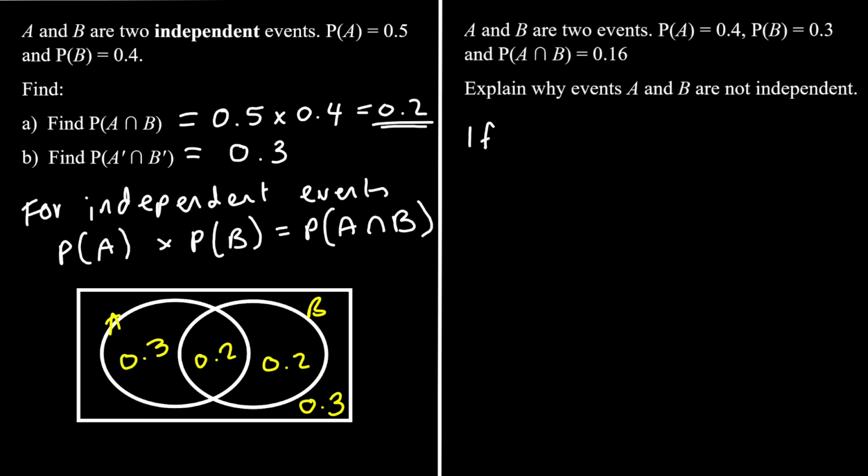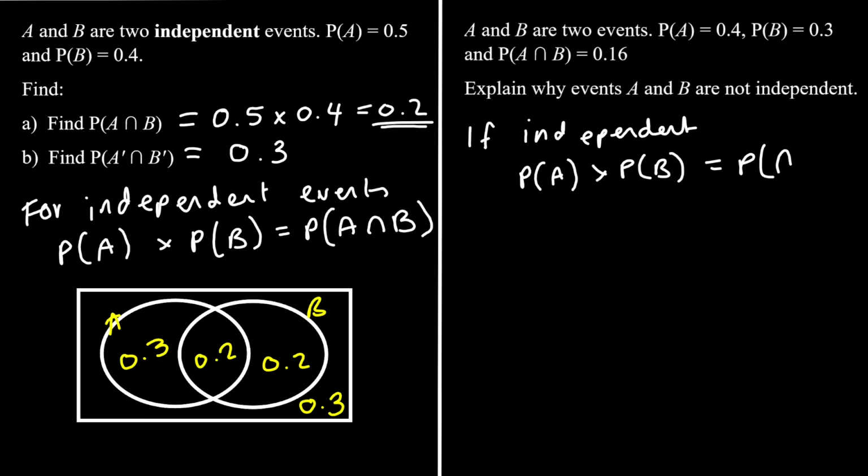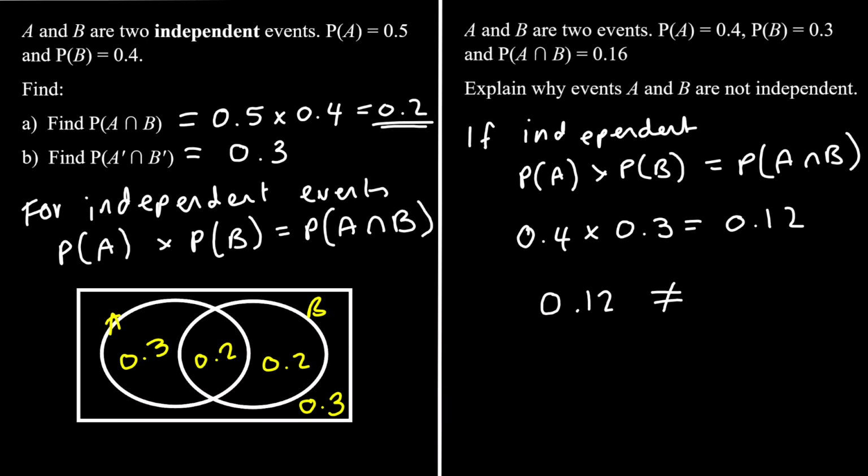If they were independent, the probability of A times the probability of B would be the probability of the intersection of A and B. And 0.4 times 0.3 is 0.12, not 0.16. So they are not independent.